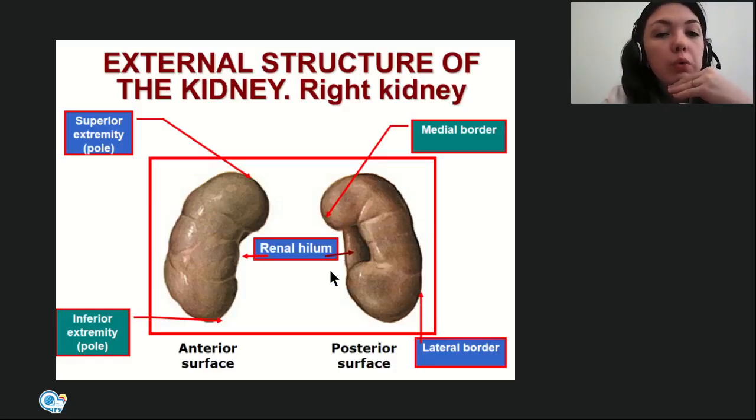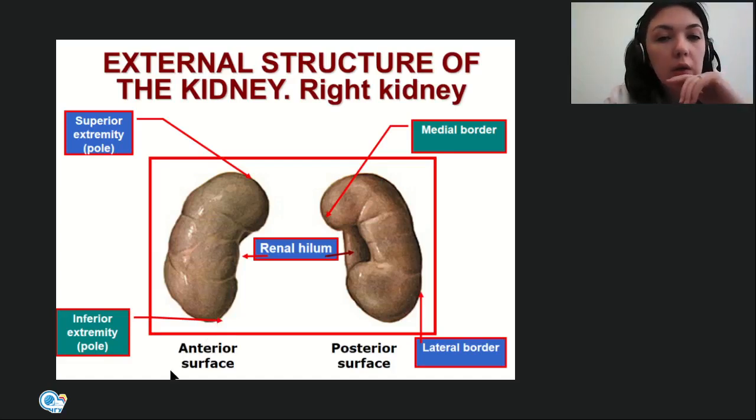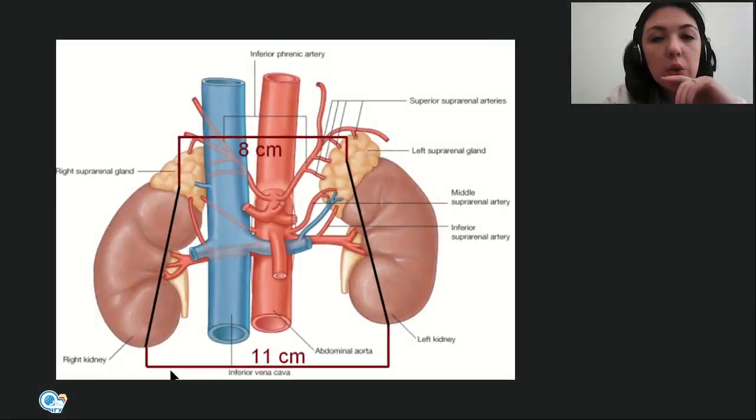And there are two poles, superior extremity and inferior extremity. The superior extremity is more rounded and usually carries the adrenal gland on itself. The inferior extremity is sharpened and doesn't contain anything. So it's usually very easy to distinguish right and left kidney.